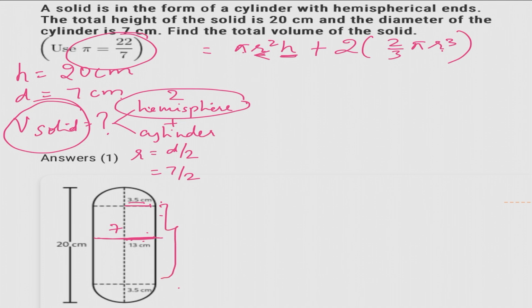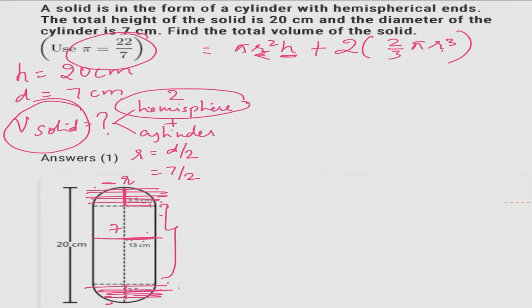Now, what is this h? It is the height of the cylinder. We know the complete height, but I want the height of the cylinder. To get the height of the cylinder, the hemispherical part has to be eliminated. So, you have to subtract the diameter here.